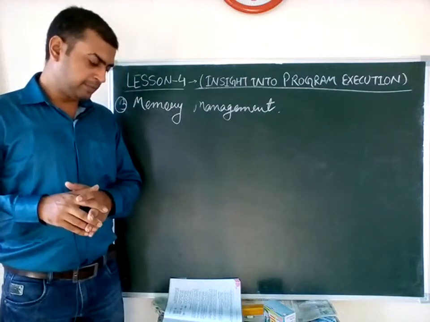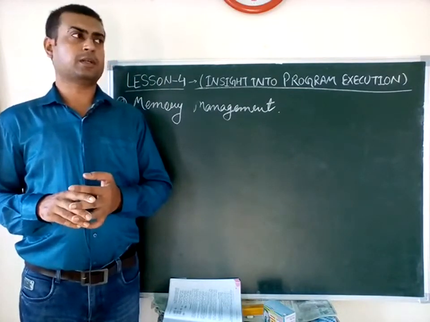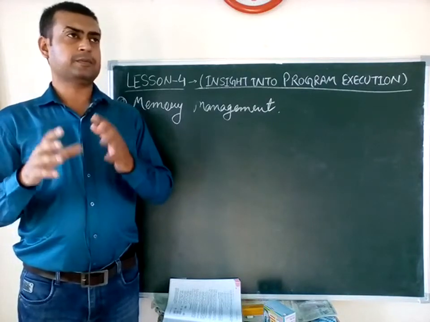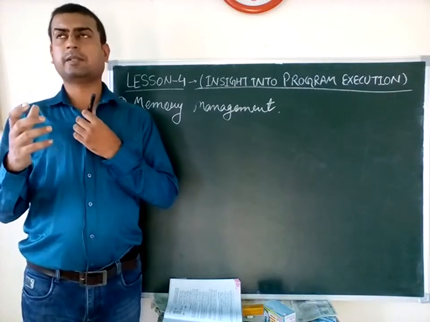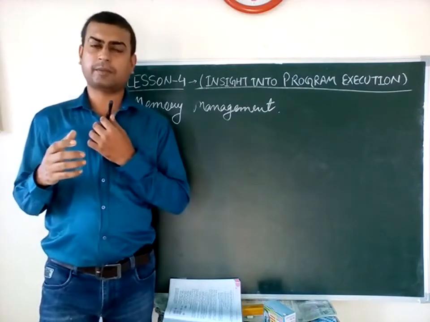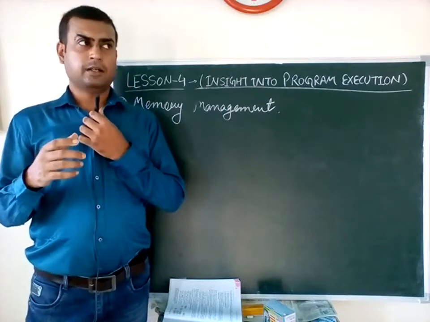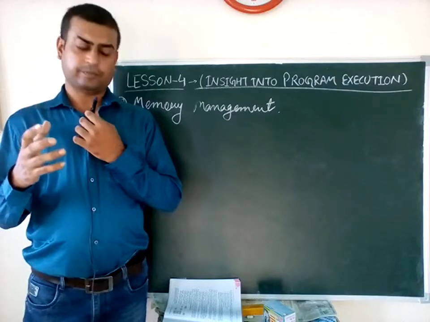Then paged memory management. Paged memory means small pages of memory will be there, and in small pages you will get the memory management of the memory which you have.